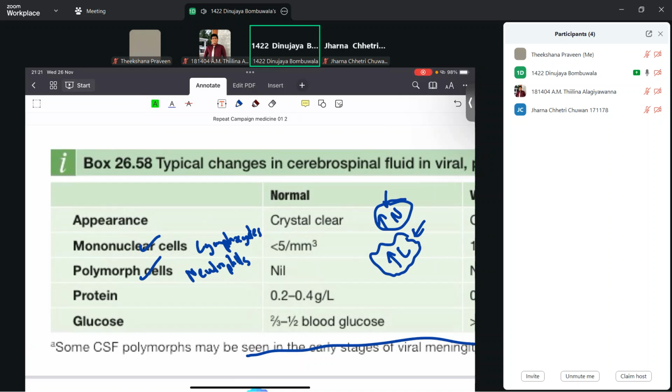And the proteins in the CSF will be very much increased, more than in other types of bacterial meningitis. So proteins will be very much elevated and it gives rise to a very cloudy appearance of the CSF. And glucose will also be reduced with that. Did you guys understand?